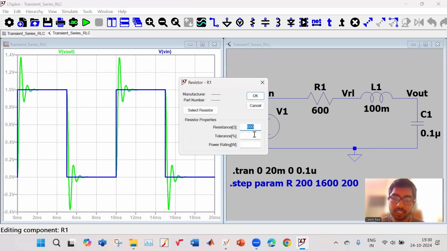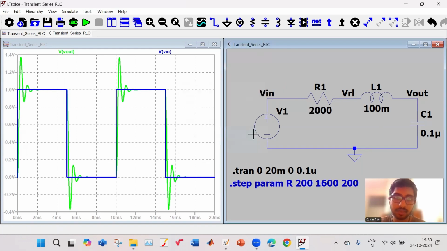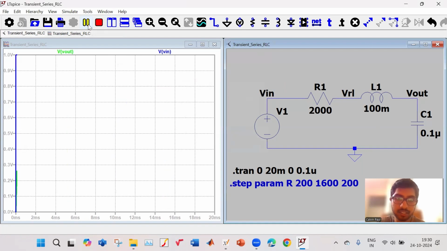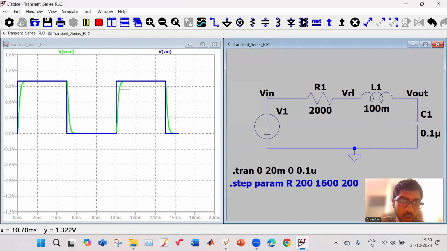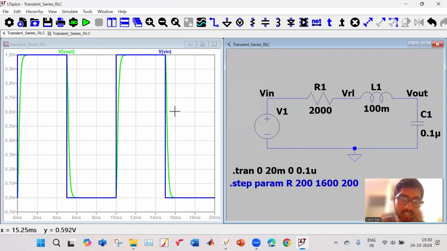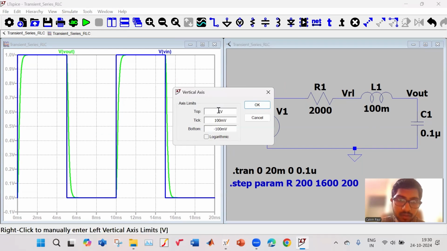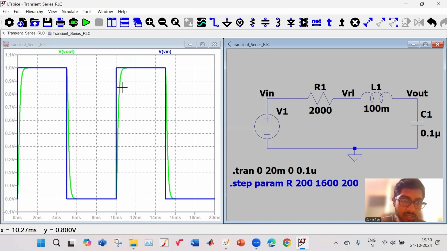Let us see a case when it is critically damped. When it is critically damped, you will see that there is no overshoot. It is just reaching the final value. It is going from 0 to 1, but no overshoot is present in this response.